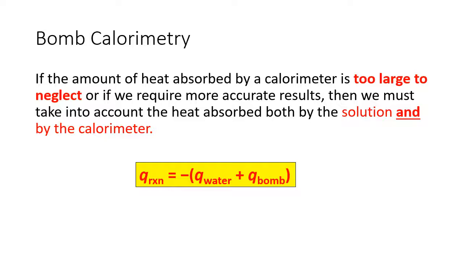When we look at a bomb calorimeter, the heat that could be absorbed by the bomb is actually figured out and added to the heat gained by the solution. So we take both of those components into account to get a much more accurate representation of how much heat a reaction is either giving off or absorbing.